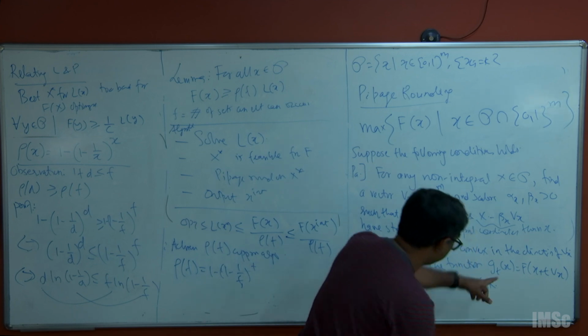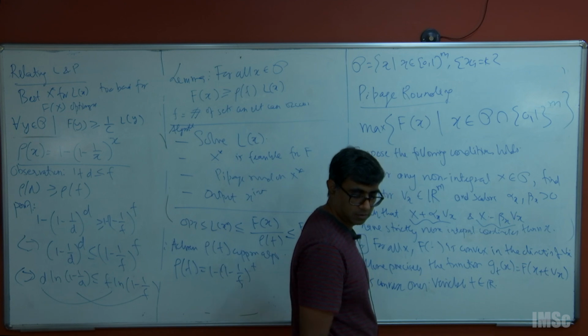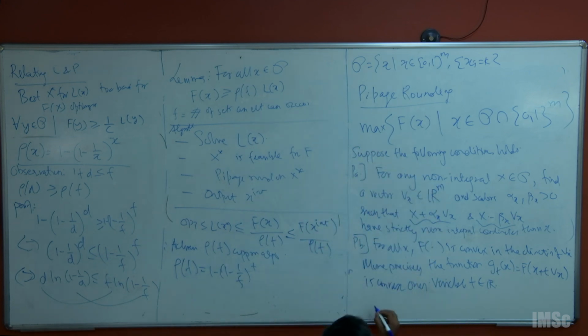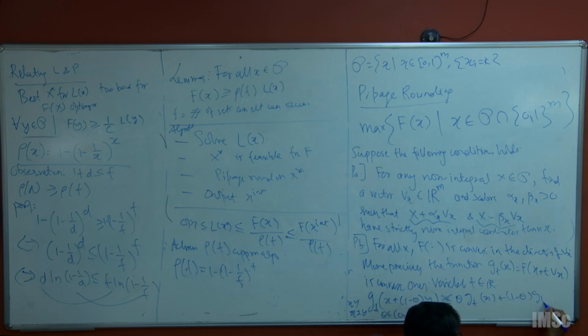Okay. Do you know what convex functions are? Basically, a convex function means that you have two distinct points x and y, x not equal to y, and you choose some theta between 0 and 1. Then g of theta x plus 1 minus theta y is less than or equal to theta times g of x plus 1 minus theta times g of y.